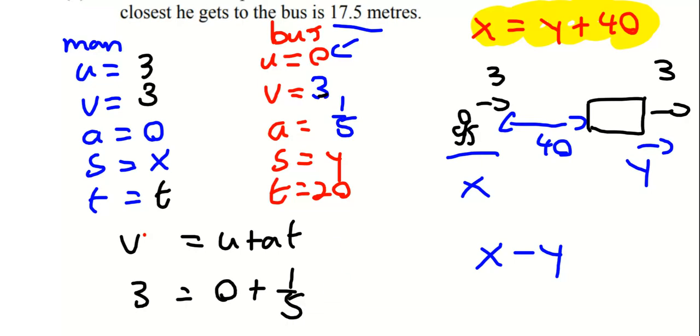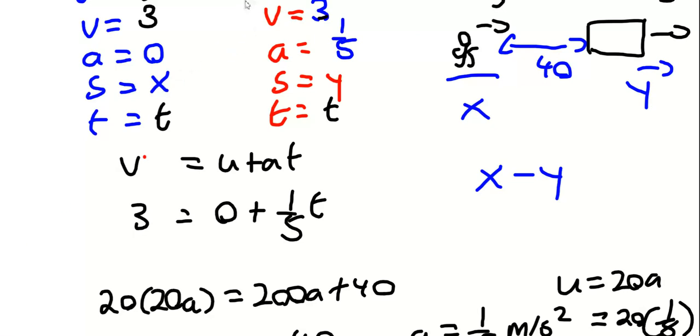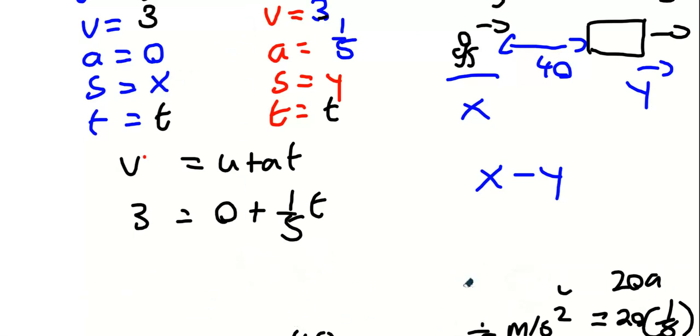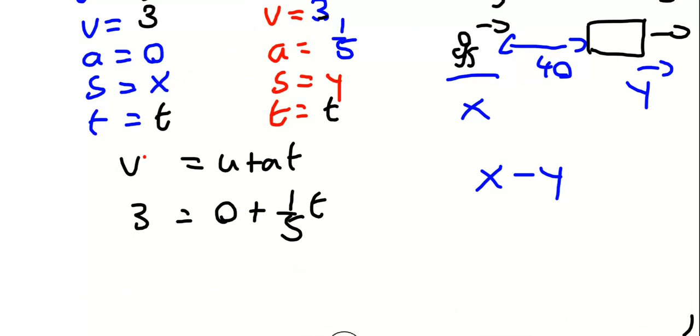T is no longer 20. Why is it no longer 20? Yeah. 1/5 of t is 3. So what's t? 15, everybody? Multiply 5 by 3. 15.